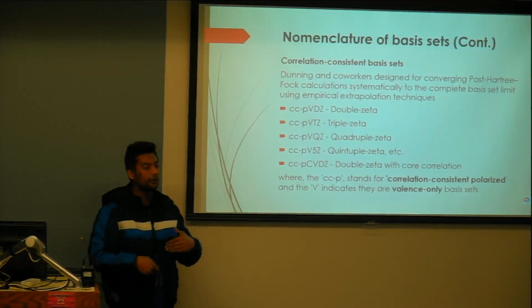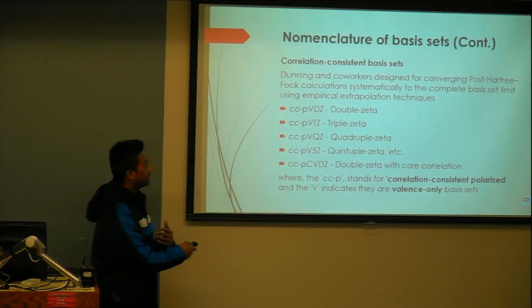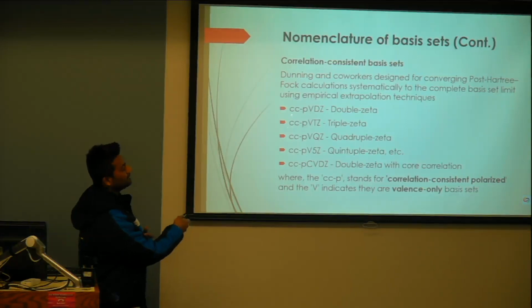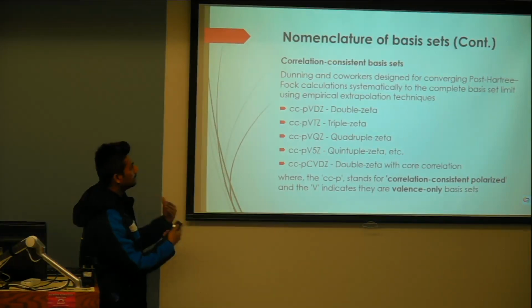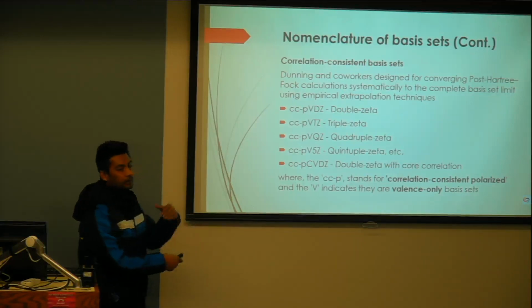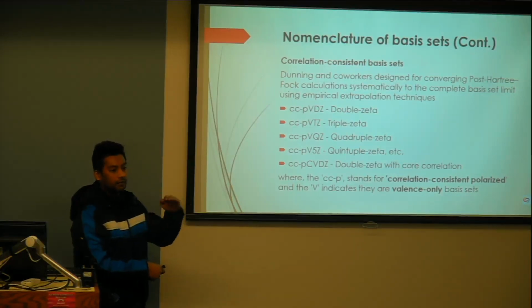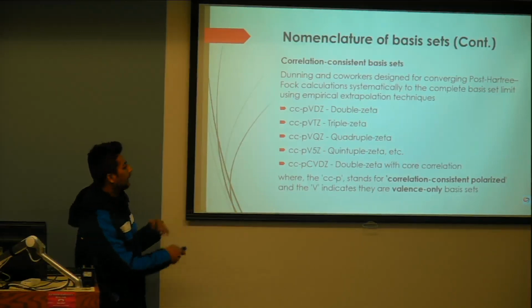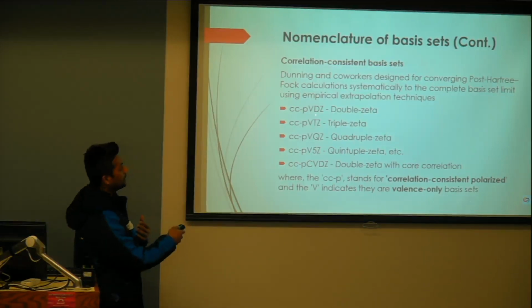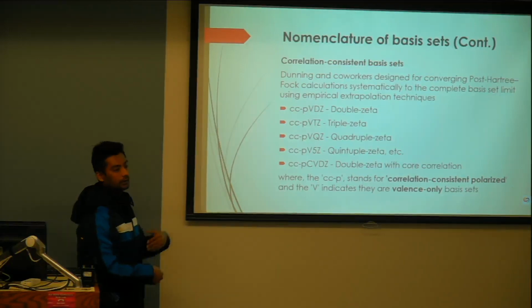There are a lot of types, like cc-pVDZ, where DZ means double zeta, and cc-p means correlation-consistent polarized. These use polarization functions, and they use double zeta, triple zeta, quadruple zeta, and so on.